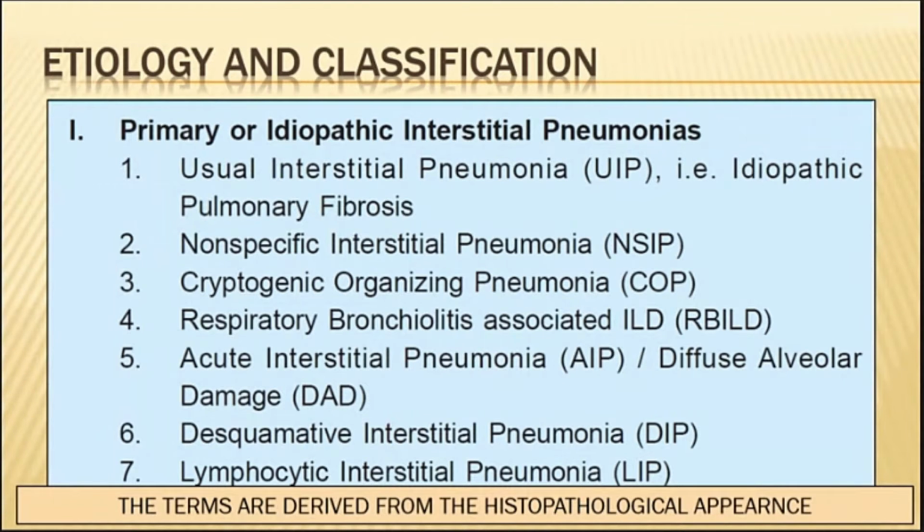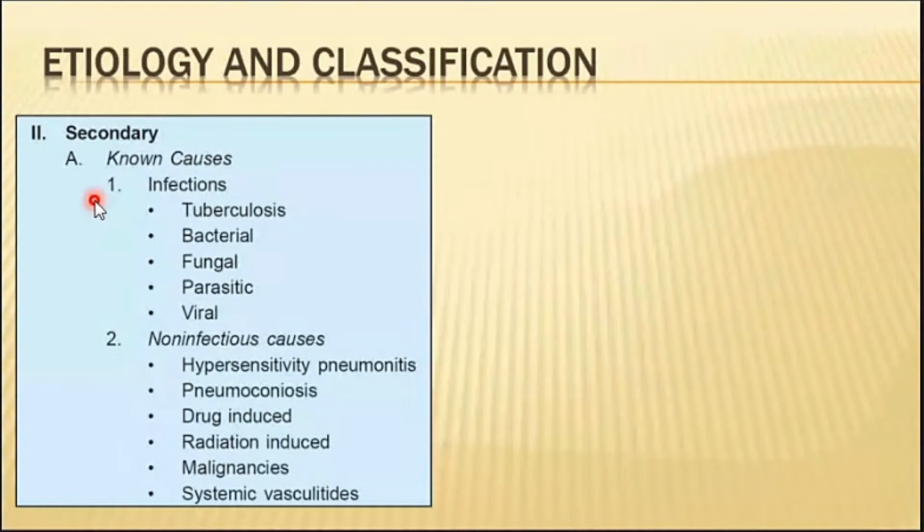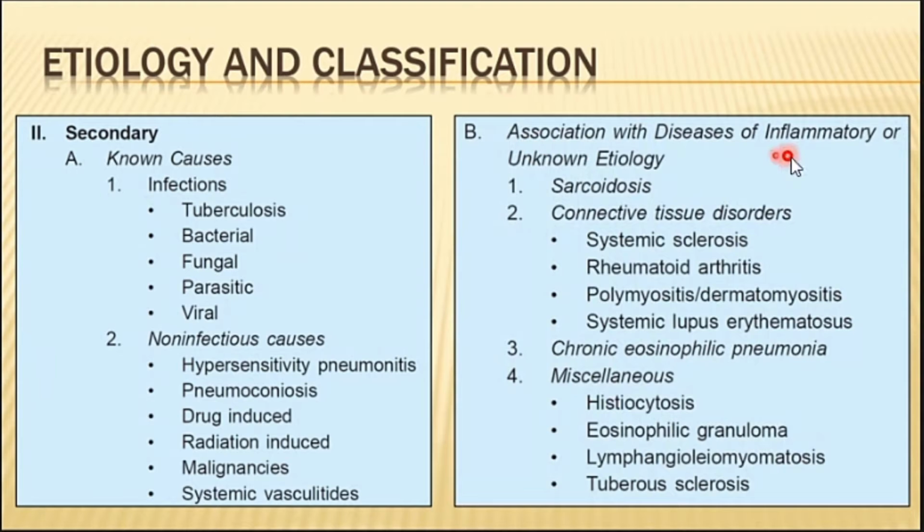So coming to the secondary, known causes, you have sequelae of infection, most commonly tuberculosis. Then you have other bacterial, fungal, parasitic infections. Non-infectious causes, you may have hypersensitivity pneumonitis, pneumoconiosis, drug-induced, radiation-induced, sequelae of malignancies, and systemic vasculitis and other connective tissue diseases. In addition to that, association with diseases of inflammatory or unknown etiology, most commonly sarcoidosis.